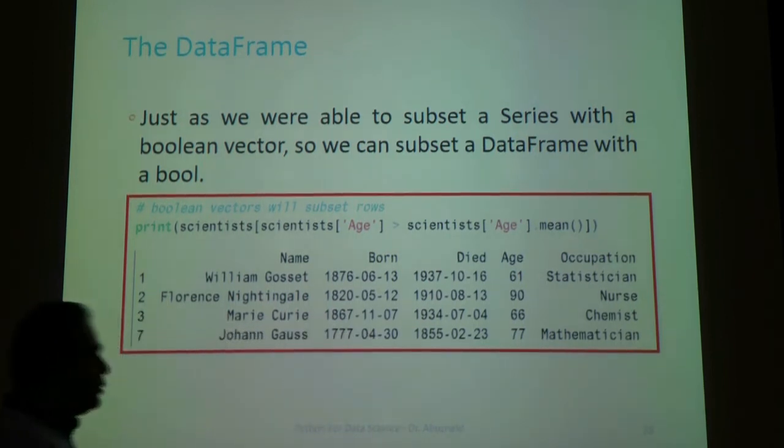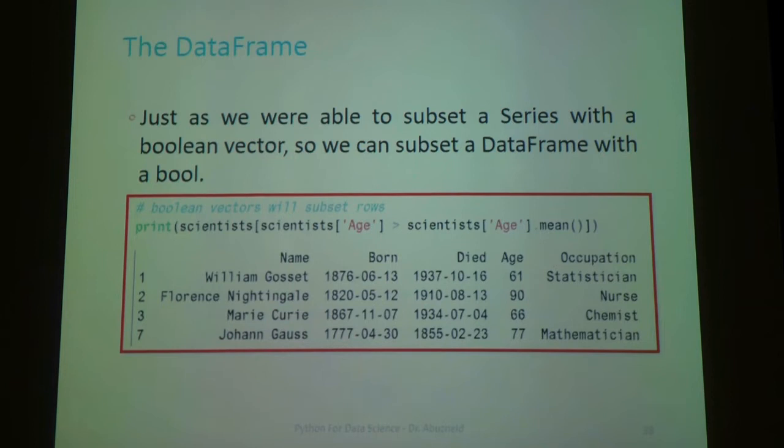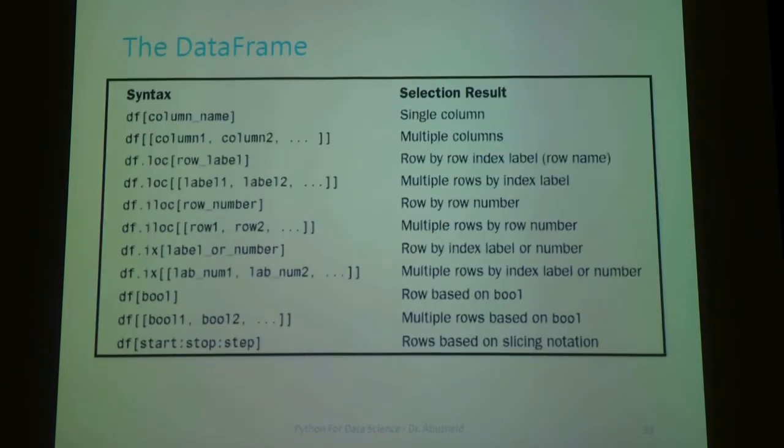You could pinpoint certain numbers from the data frame. The functions you could use with a data frame, as we saw before: df and the column name for a single column, df with column 1, column 2, column n for multiple columns.